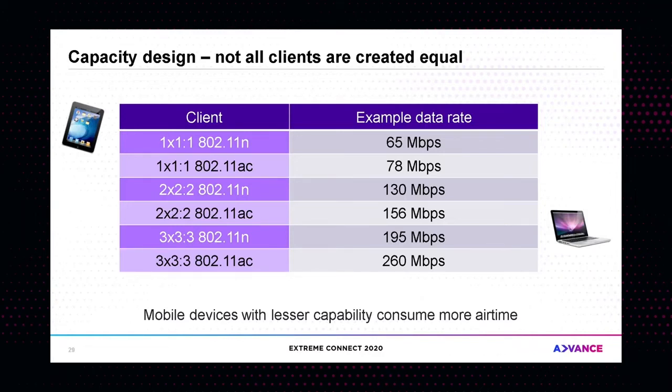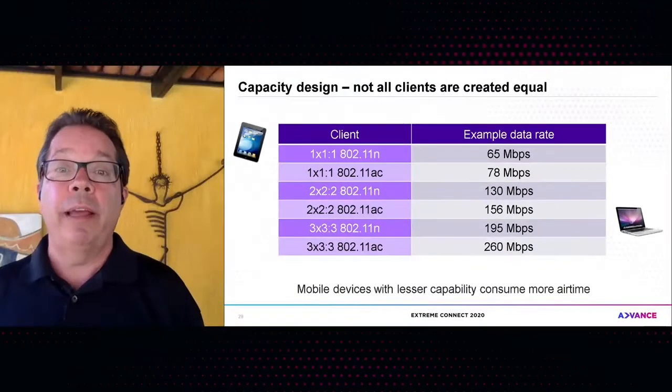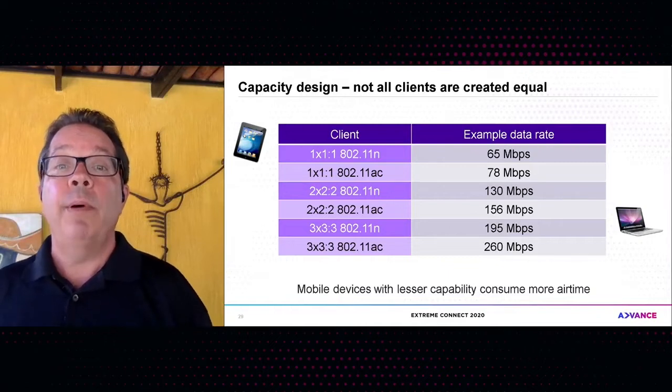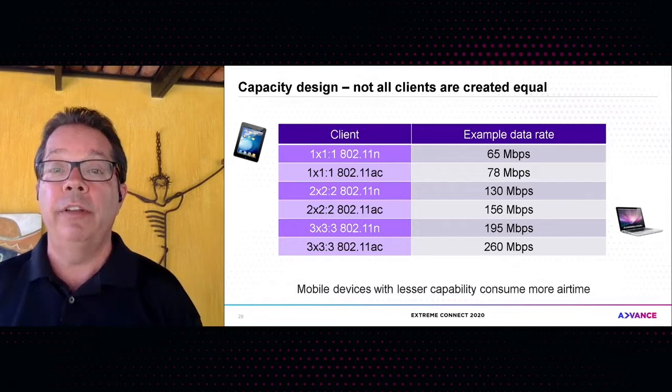Now, the other thing that a lot of people don't take into mind is that not all clients are created equal. A lot of legacy clients are only 1x1x1 clients, meaning they have data rates that are not as high as the more modern clients that are 2x2x2. Laptops typically have a 3x3x3 radio and are capable of higher data rates than smartphones and tablets.